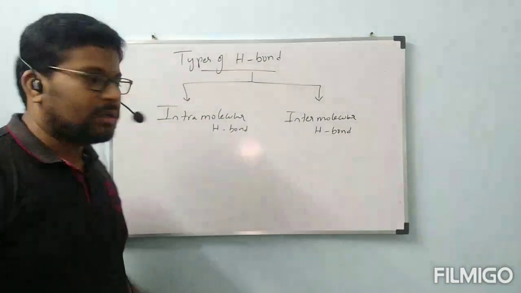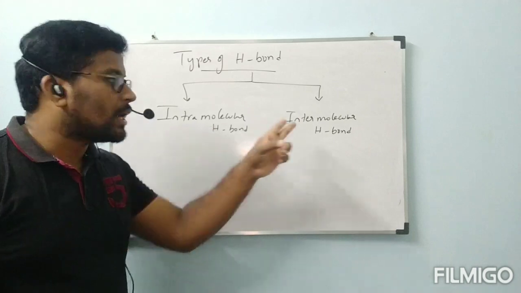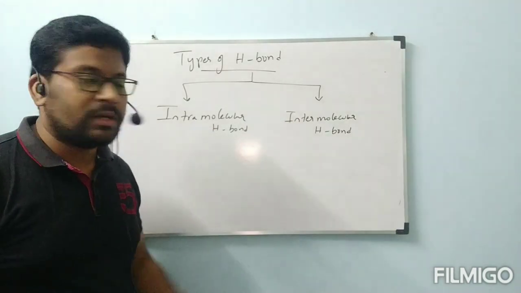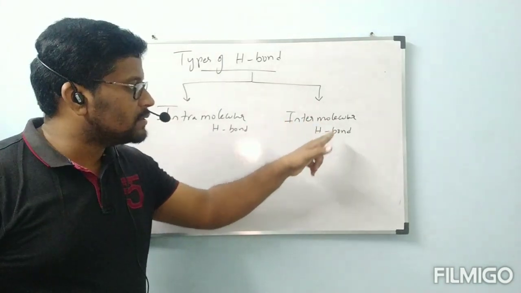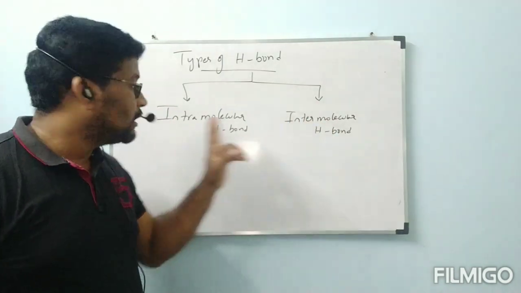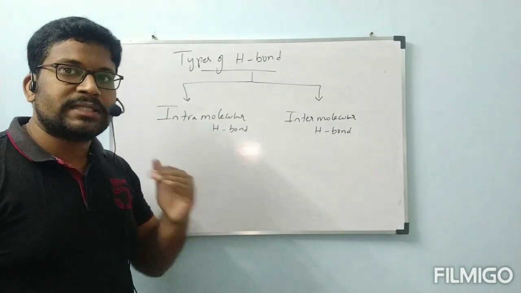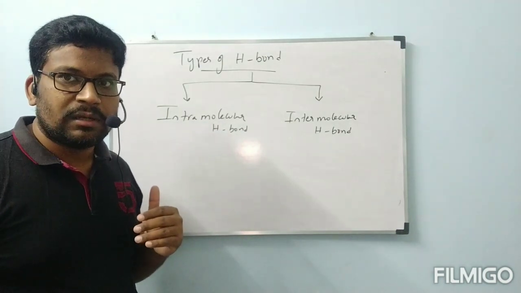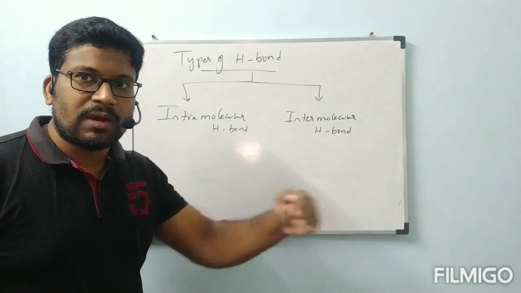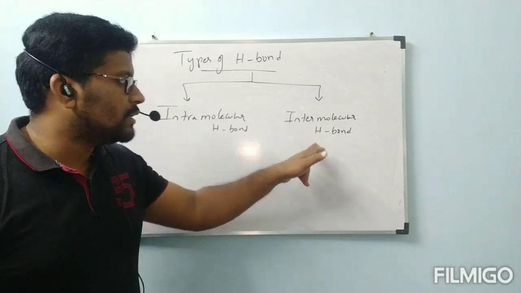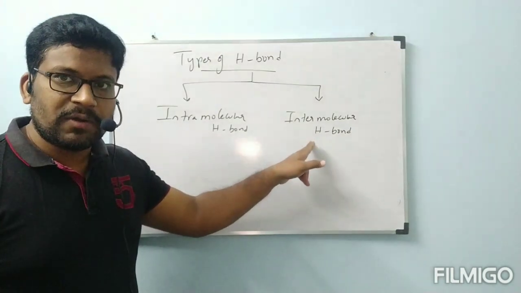There are 2 types: intramolecular hydrogen bond and intermolecular hydrogen bond. Inter means between; between the molecules, hydrogen bond is present. Intra means in the molecule itself, hydrogen bond is present. Till now, we have seen hydrogen bond present between a water molecule and another water molecule. That is intermolecular. That example is for intermolecular.